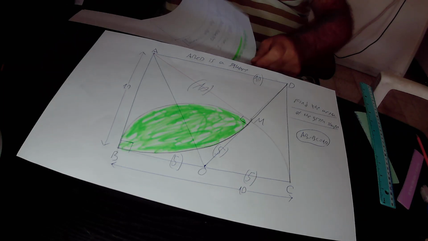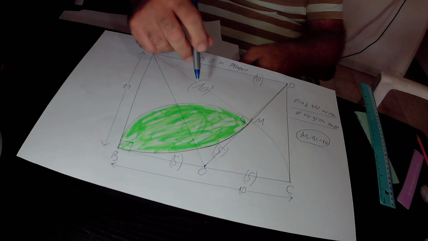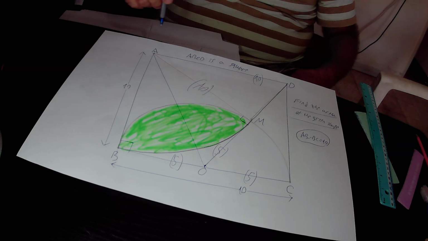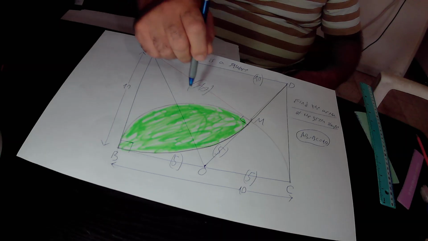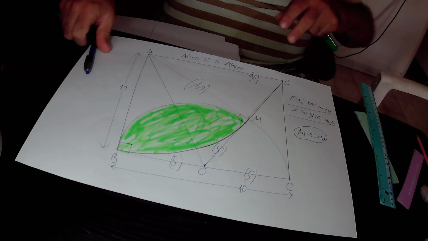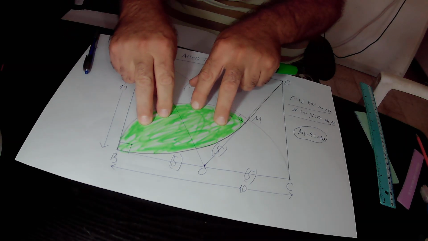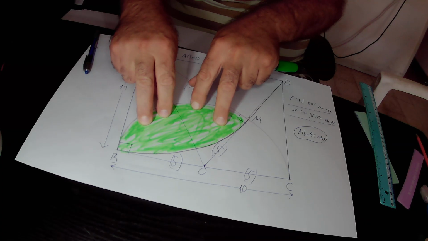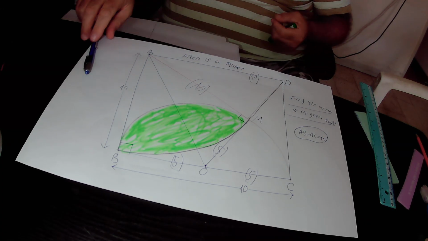So we proved that all three sides of this right triangle ABO correspond and are equal to all three sides of this right triangle AOM, and therefore those two right triangles can go into each other according to side rule. So write it down.